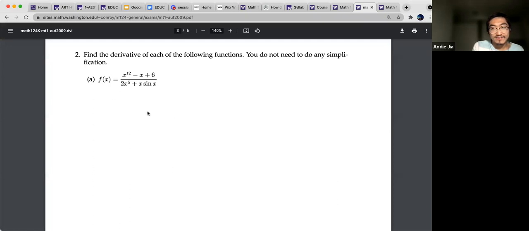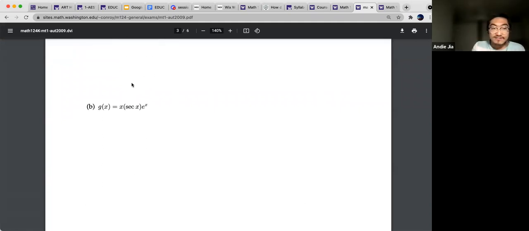For this one, if you see any fraction, use the quotient rule. There's also the power rule, sum rule, and minus rule. If you ever see functions that are multiplying, then use the product rule. Here you need to use the product rule two times.